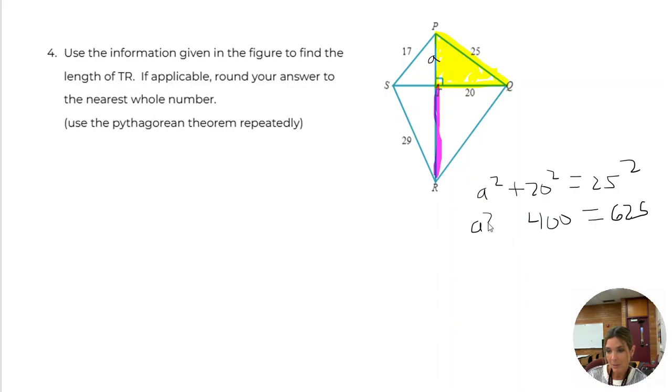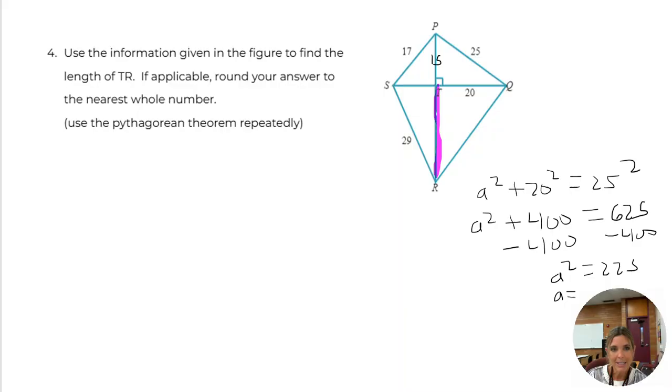So A squared plus 400 equals 625. We minus 400 from both sides. So A squared equals 225. And then we square root 225 and we get 15. So A is 15. I'm going to go ahead and plug that in. For the A, we now know that this is 15.